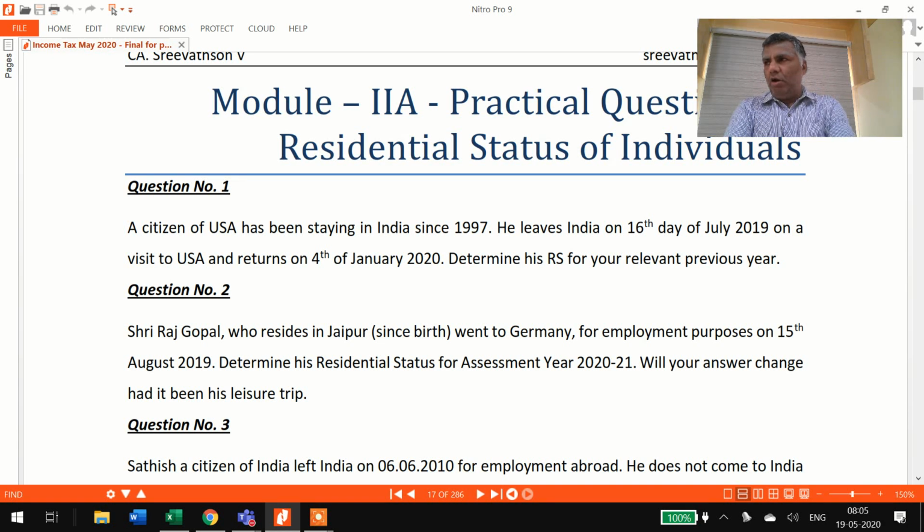In your notebook, please write: day of departure 16th July 2019, date of arrival 4th January 2020.